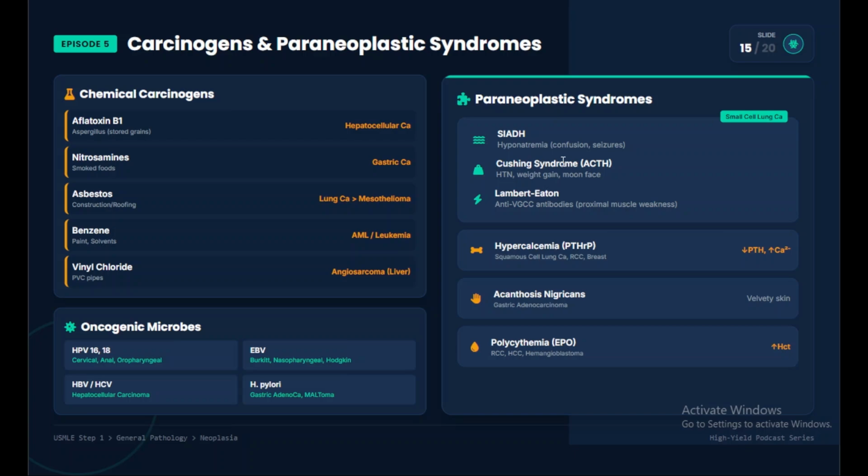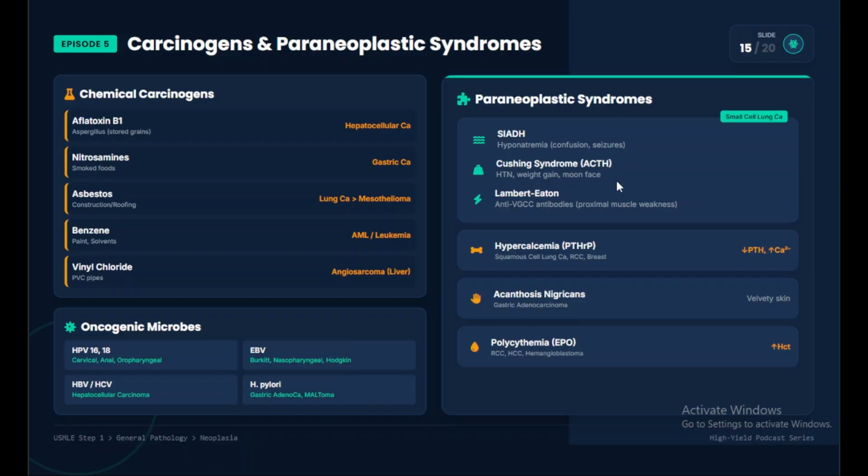Now, there is Cushing syndrome, which can also be part of paraneoplastic syndrome if it involves increased ACTH release, and this leads to hypertension, weight gain, and moon face.